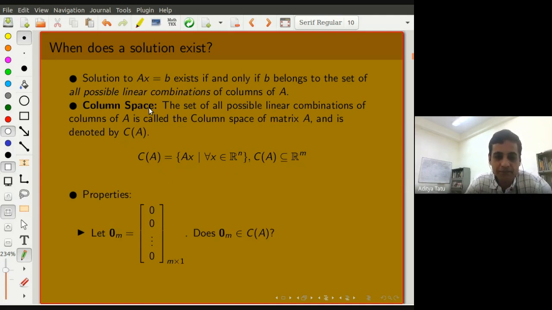If I want to write a vector whose entries are only zeros, and there are m such entries, I use this notation: bold 0, subscript m. First question, does this vector belong to the column space of any given matrix? It's a very simple question.